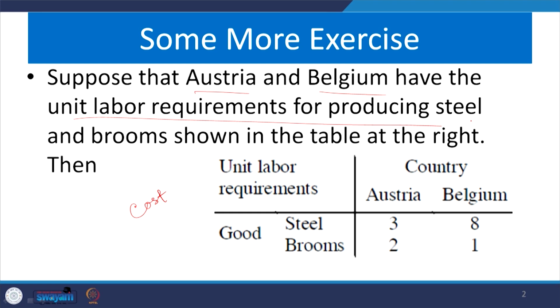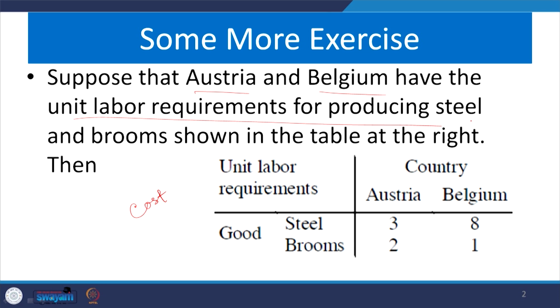Now, what can we define here? As I told you, if it is the unit labor requirement, then we have to minimize the cost. The more we minimize, the more advantage the country derives while specializing or exchanging goods with other countries. Since it is about minimizing expenditure, which product could be produced with less expenditure across the two countries?